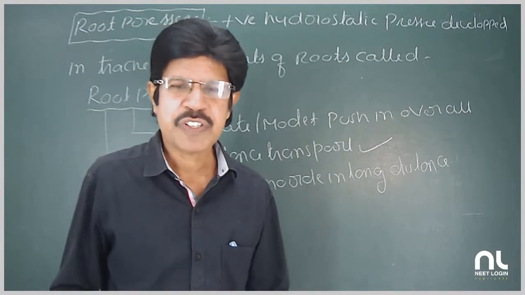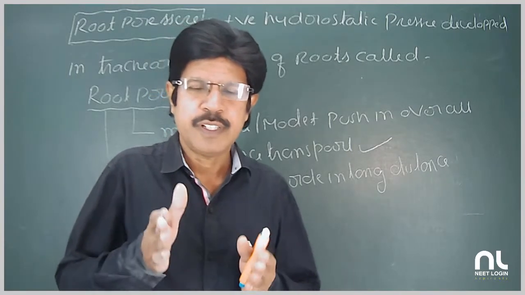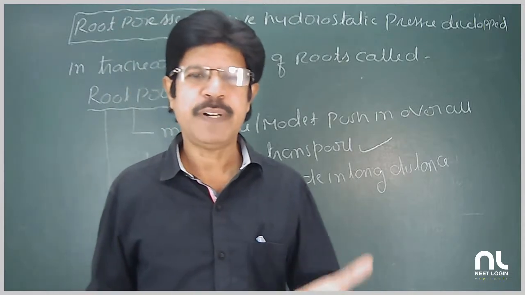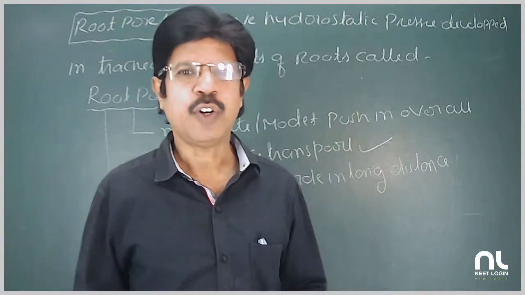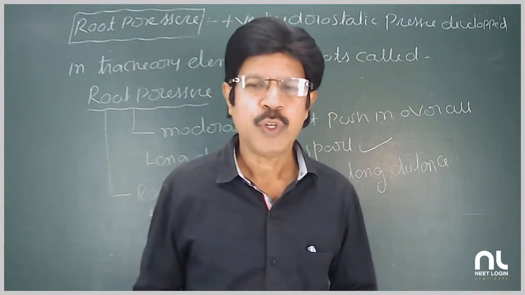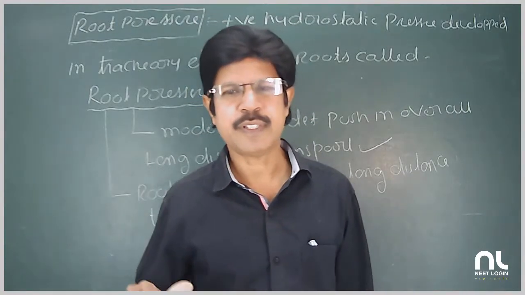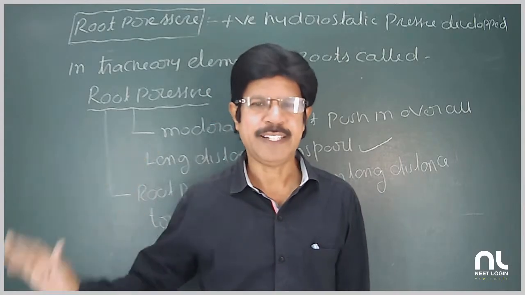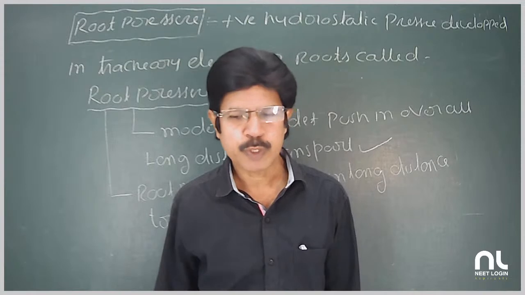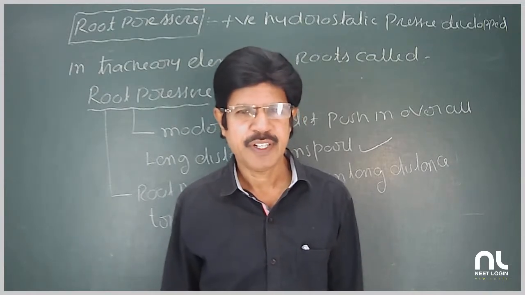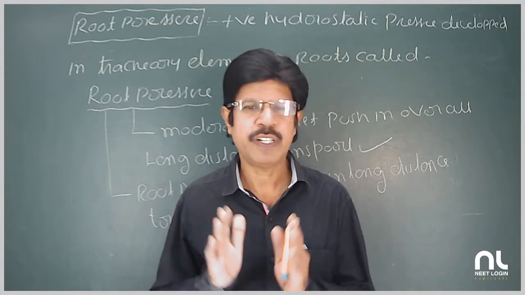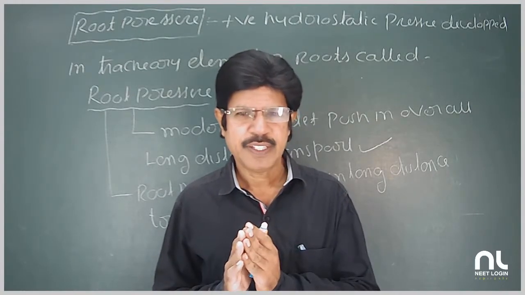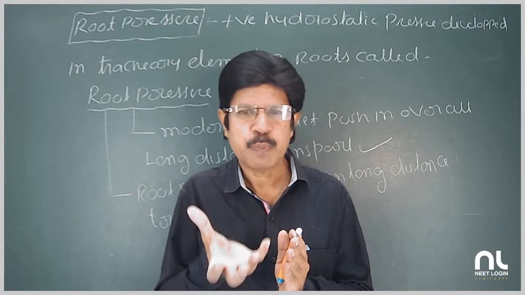Root pressure is responsible for the push in small plants. In small plants it is okay, but not in tall plants. So root pressure is applicable to some small plants like herbs, but not to the tallest plants. Root pressure is a positive pressure: tracheary elements of the root are filled with water, so the positive pressure is responsible for push.